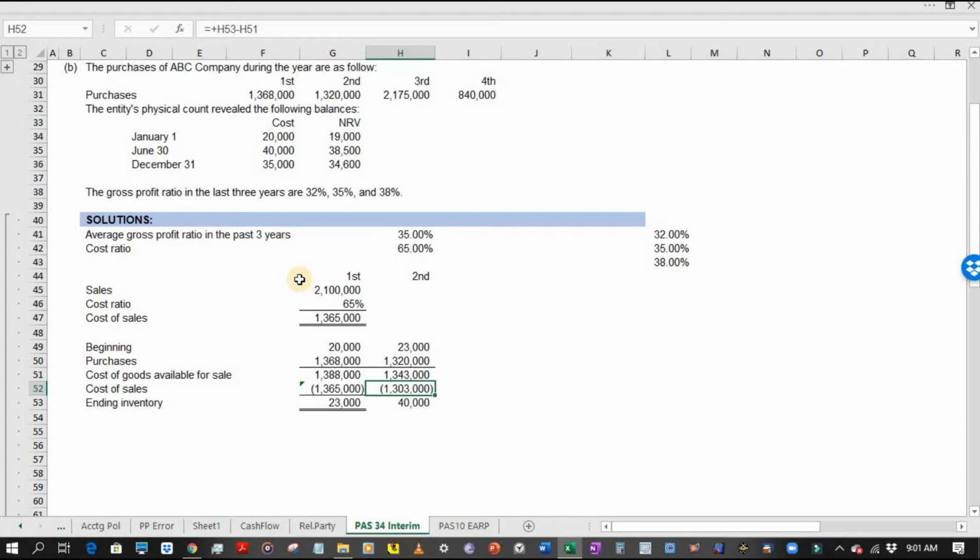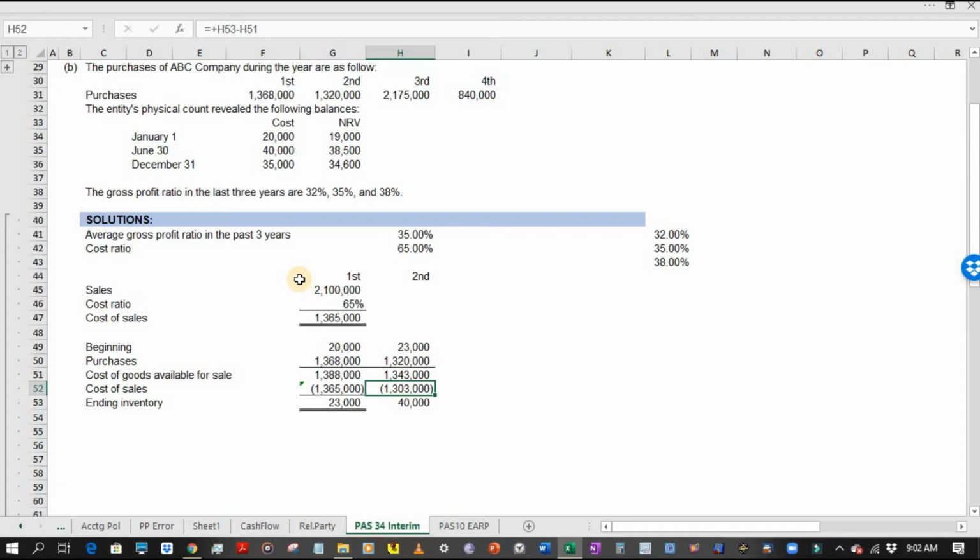However, there is a net realizable value on June 30, which is lower compared to the cost of 40,000 pesos. And of course, based on PAS 2, inventory should be valued at the lower amount between cost and net realizable value, which in this instance, the lower amount, of course, is the net realizable value.